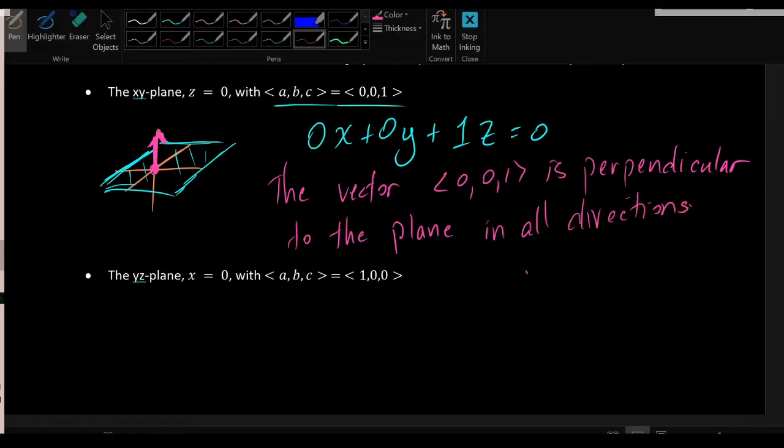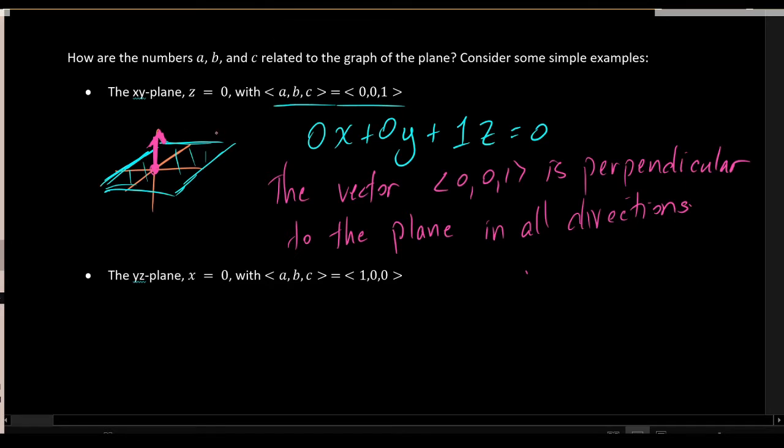What I mean is that the vector forms a right angle with the plane in the positive y direction, but it also forms a right angle with the plane in the positive x direction, and likewise in the negative x and the negative y direction.